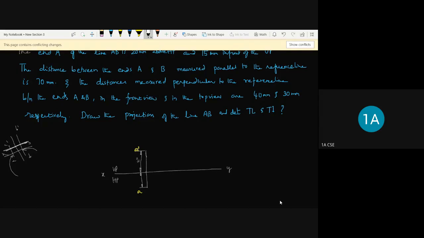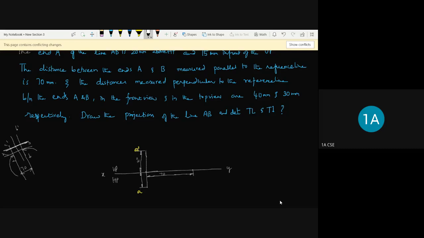Parallel to the reference line, 70 mm is given. So what does it mean? The distance between this and this is going to be 70 mm. So from this point, you need to mark a 70 mm point on this XY line. Say for example, this is the 70 mm point.